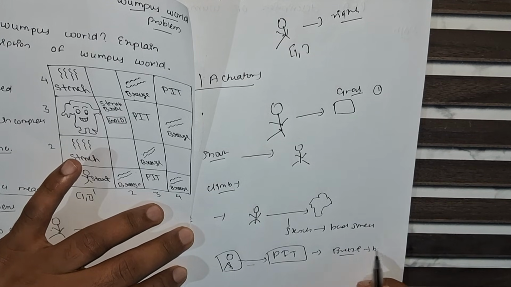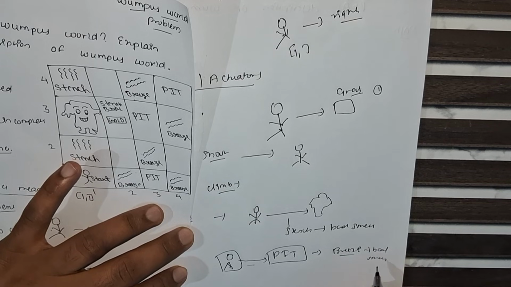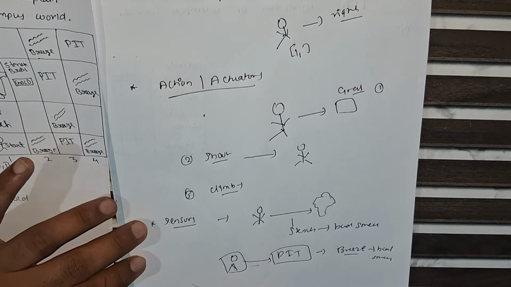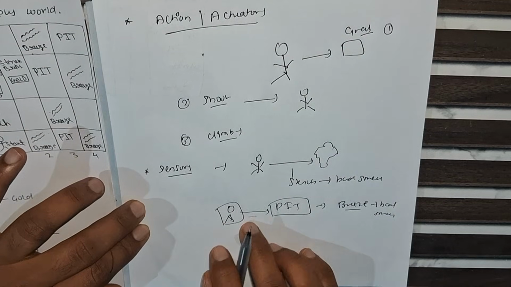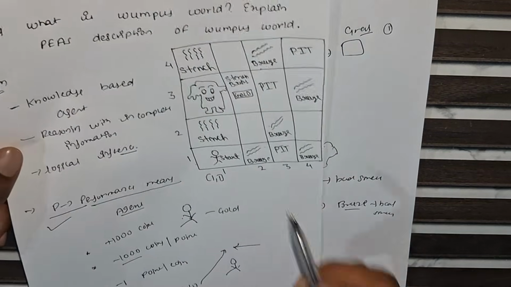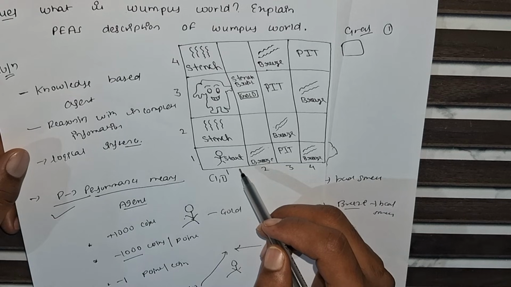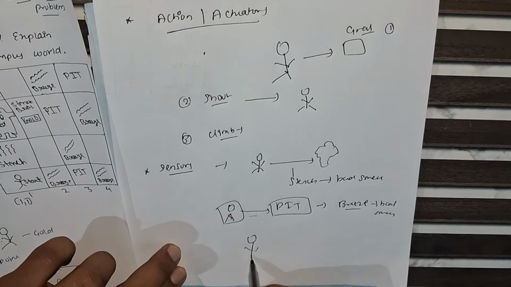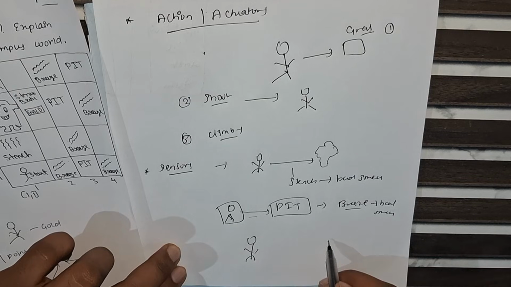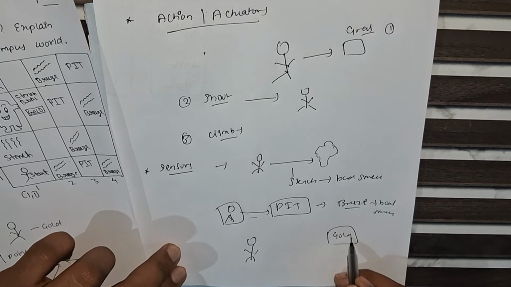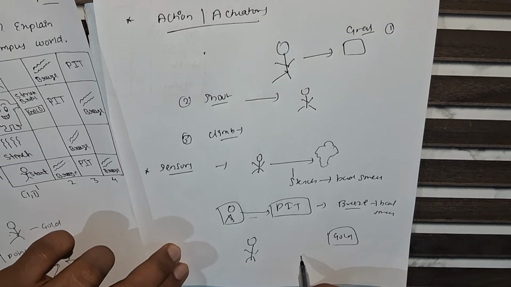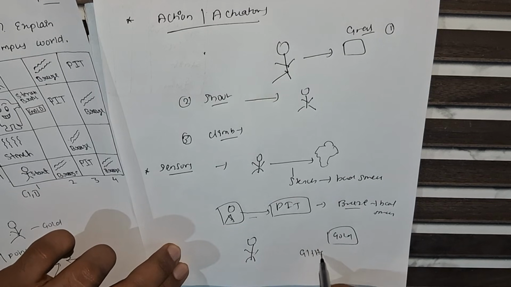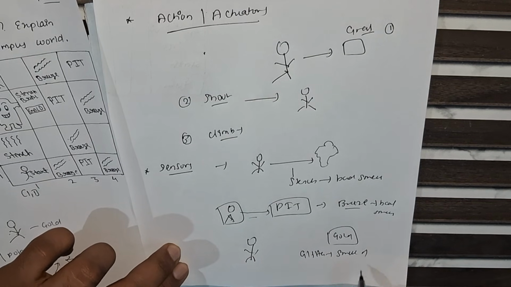Now another thing is that in the square where the gold is, the agent will perceive a glitter. This is the agent and this is a box for gold. If the gold is near the agent, it will perceive what is called glitter.